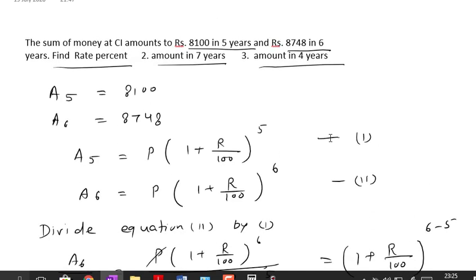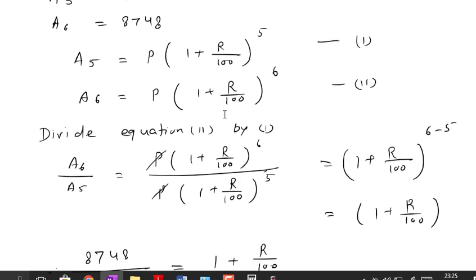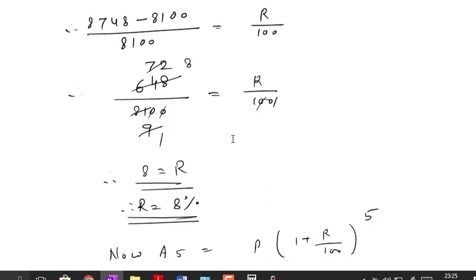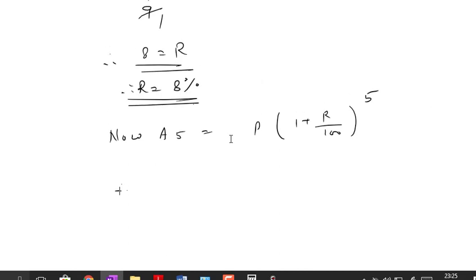The sum of money at compound interest is 8100 after 5 years. So A5 is 8100. Here I will write 8100 equal to P, 1 plus the value of R, which is 8, so 8 upon 100, the whole power 5.